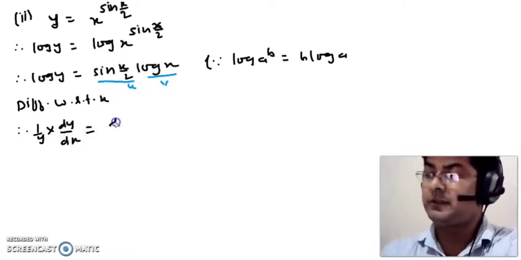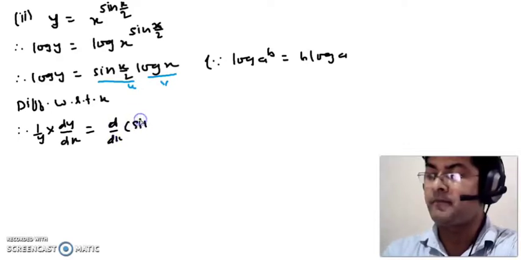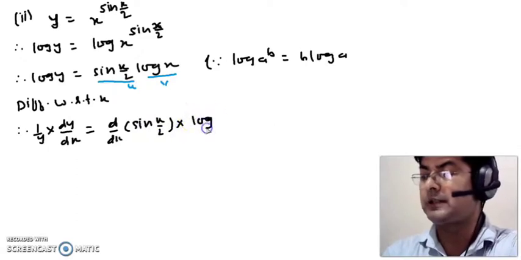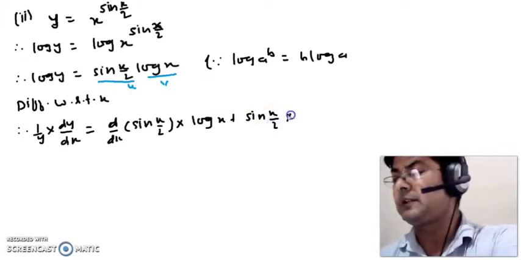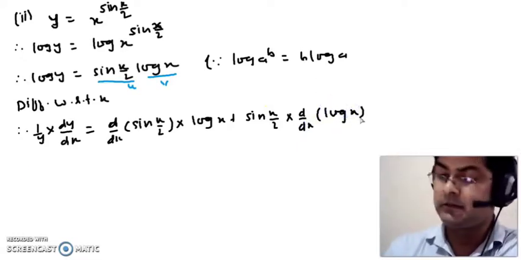Okay, so 1 by y into dy by dx is the differentiation of log y. Differentiation of sin(x/2): d by dx of sin(x/2) into log x as it is, plus sin(x/2) as it is into d by dx of log x.